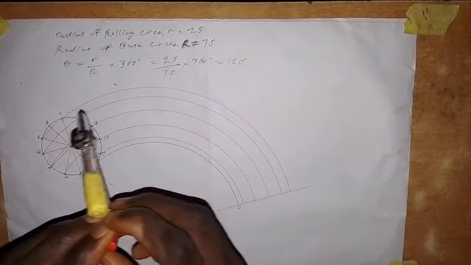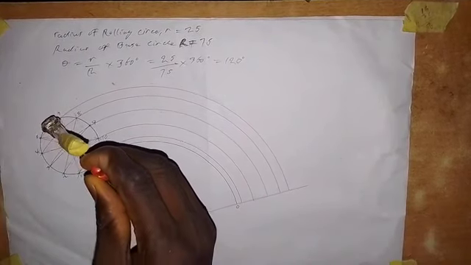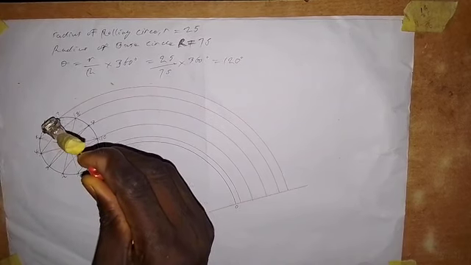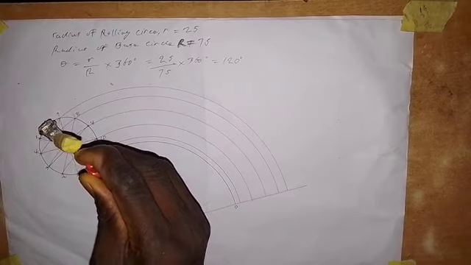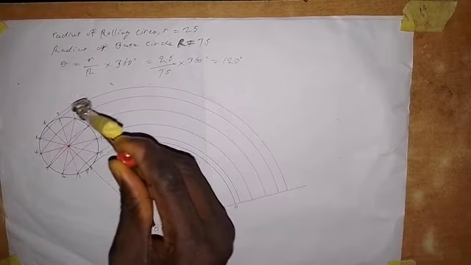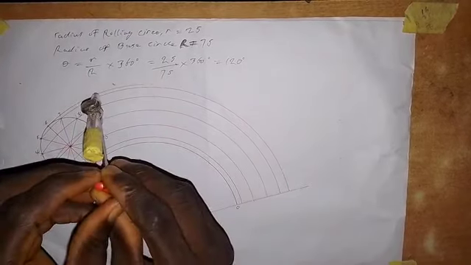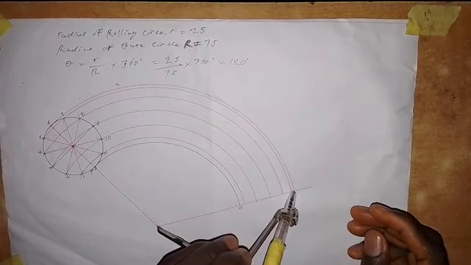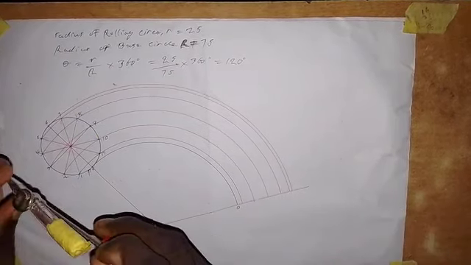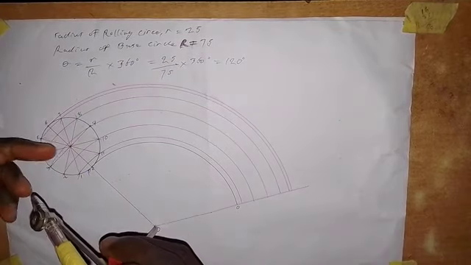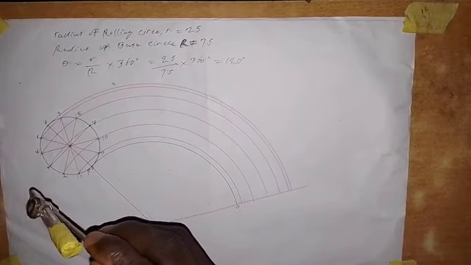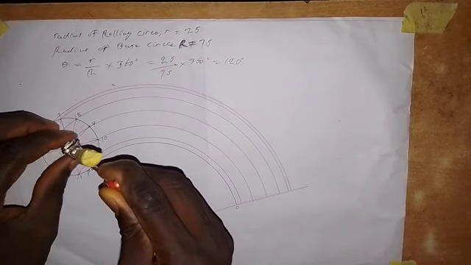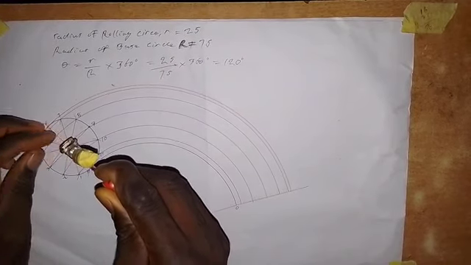Okay, then we extend it to 6. From 6, we draw an arc. So it goes like this, and ends here. Then we come back to the center of the circle. So we need to get the center line or center arc. From the center of the circle, we draw the center arc like this.